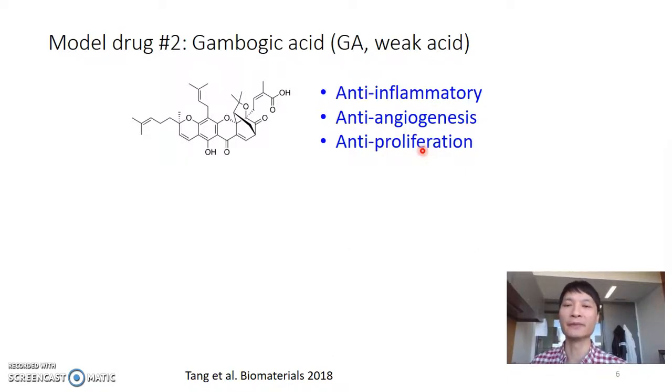But the major problem is that it is poorly water soluble, and also it has pretty high toxicity. So again, our approach is, can we formulate this drug into liposomes, so that we can increase the solubility, but in the meantime reduce the toxicity by increasing the tissue targeting.